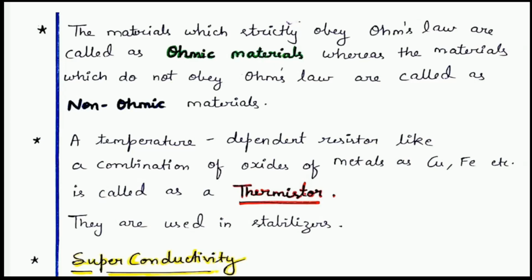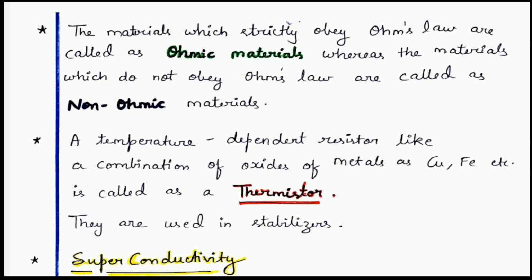Whereas the materials which do not obey Ohm's law are called non-ohmic materials. For example, transistors, PN junction diode. You will read about these in the upcoming chapters. So there are some materials which disobey Ohm's law, and these materials are called non-ohmic materials.